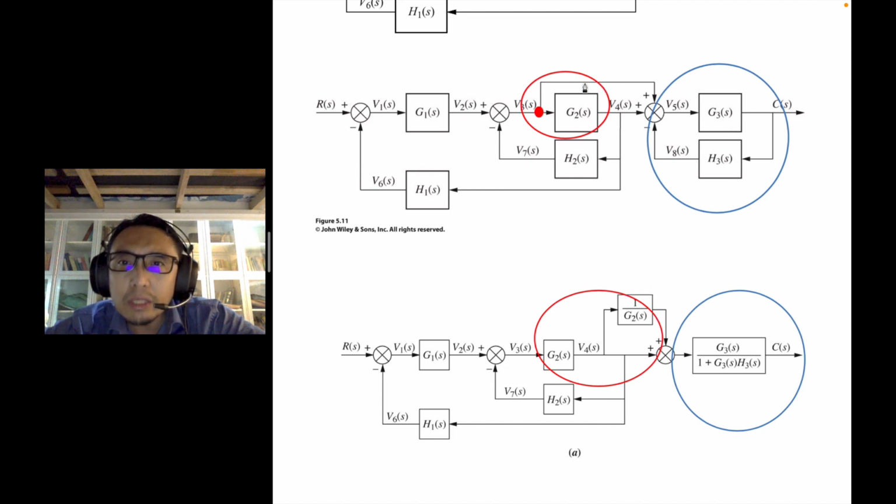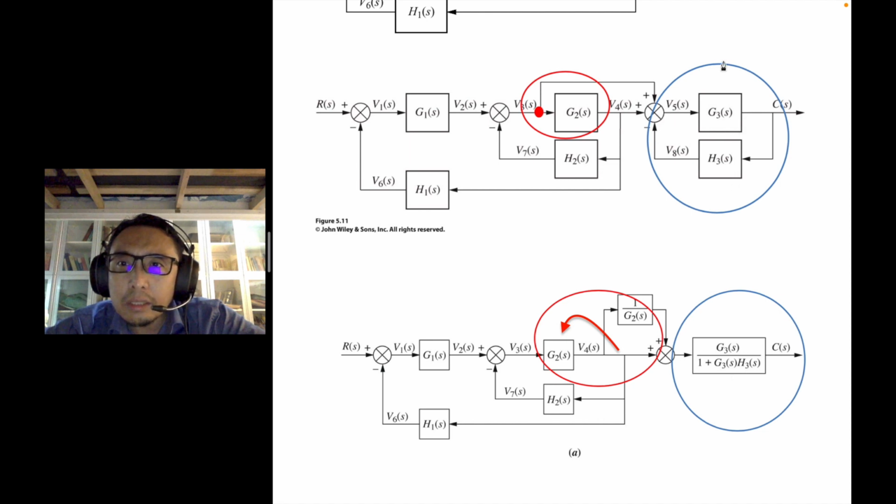Initially, along this path, there are no blocks. So if we want to move this G2 after this pickoff point, then it becomes that way. We move it from here to here. Nothing happens here, but here you have to add 1 over G2.